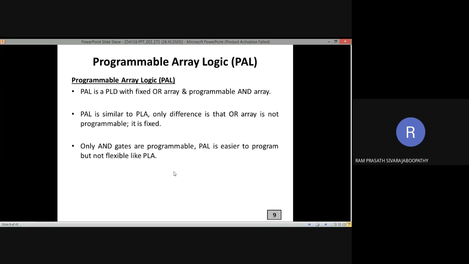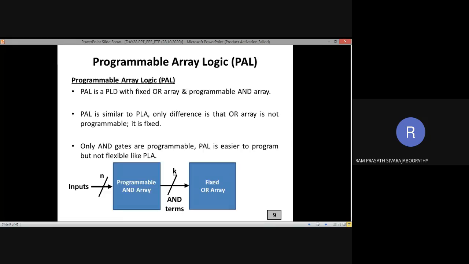That is based upon the function you are going to implement. When we go with the problem, you can understand clearly what I am saying. So here also we have n number of inputs, k number of AND terms, and then m number of outputs, where k is the number of AND terms which are programmable, maximum 2 to the power n.